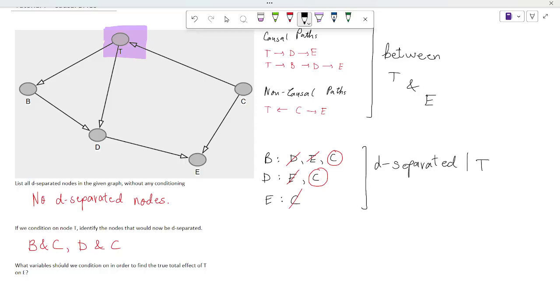Okay, now what variables should we condition on in order to find the true total effect of t on E? Alright, so अब आपने t का impact determine करना है on E and you want to find the minimum number of nodes that you need to condition on in order to do so.